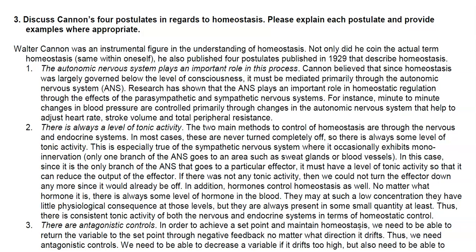And there are so many other factors from the ANS that lead to changes in not just heart rate or stroke volume, or what I just explained a second ago, what's called total peripheral resistance. So the ANS does certainly play an important role.